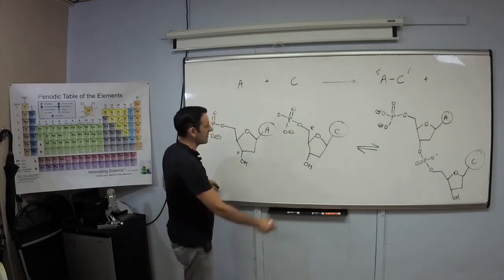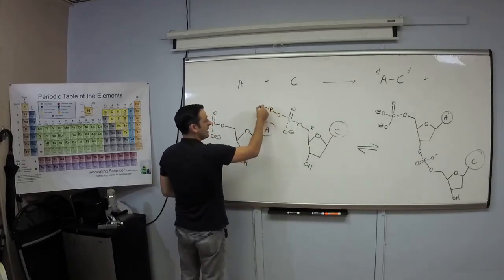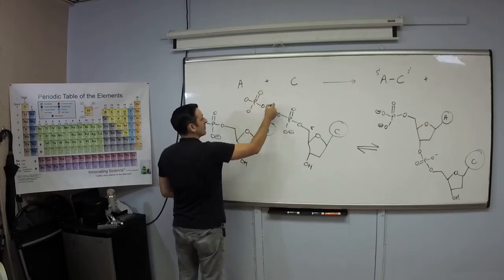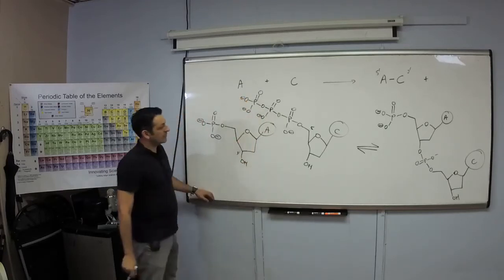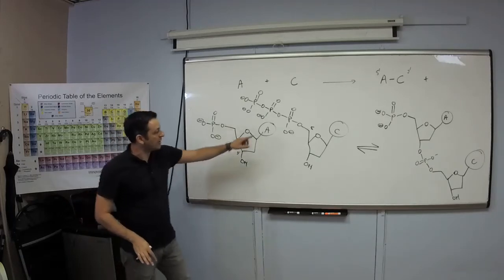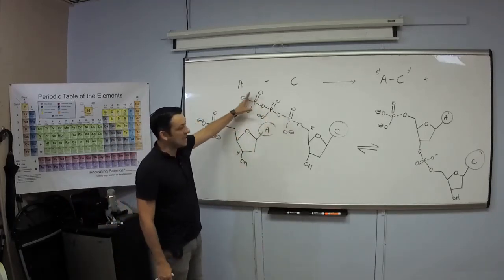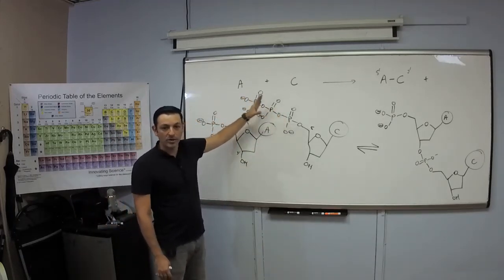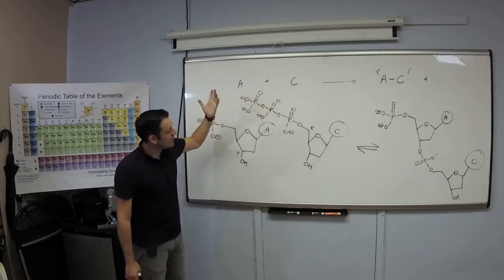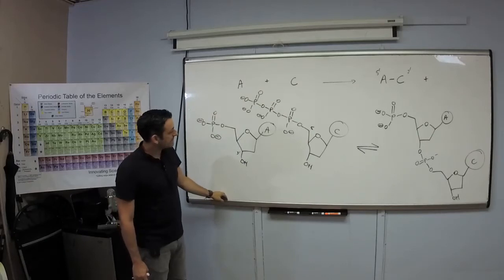Instead of a C, I'm going to add in a CTP. This should not be very, very scary. Please understand what the triphosphate moiety that I'm drawing over here is, look up the word moiety.